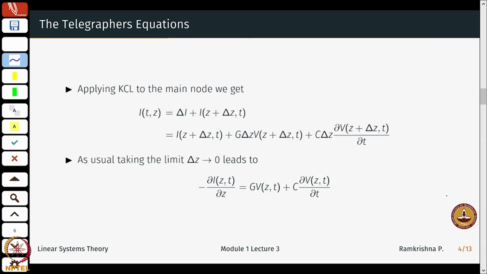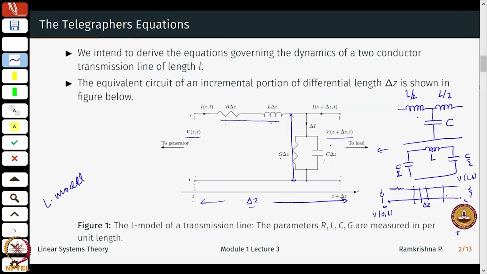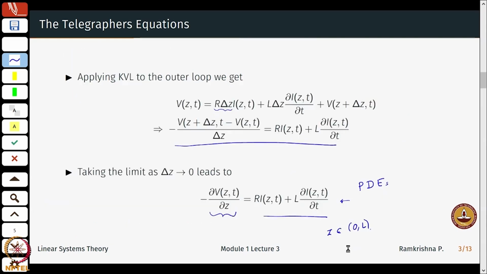If I apply KCL to this node here, I have I z coming from here, I have the delta I here, and I have I z plus delta z, again all at the same time t. So, I just apply the current laws. Okay.